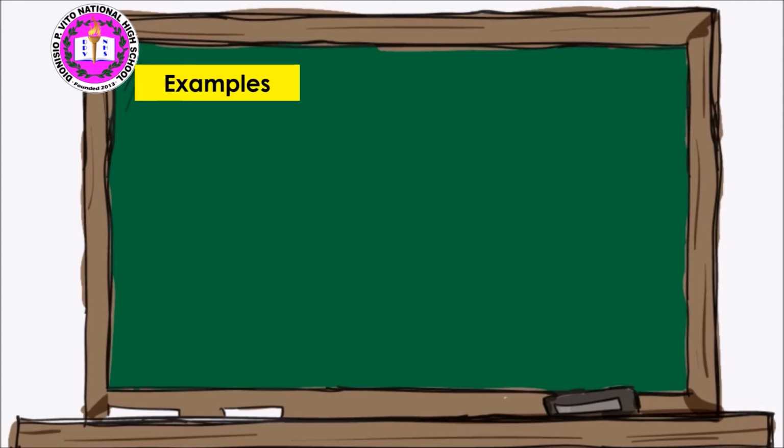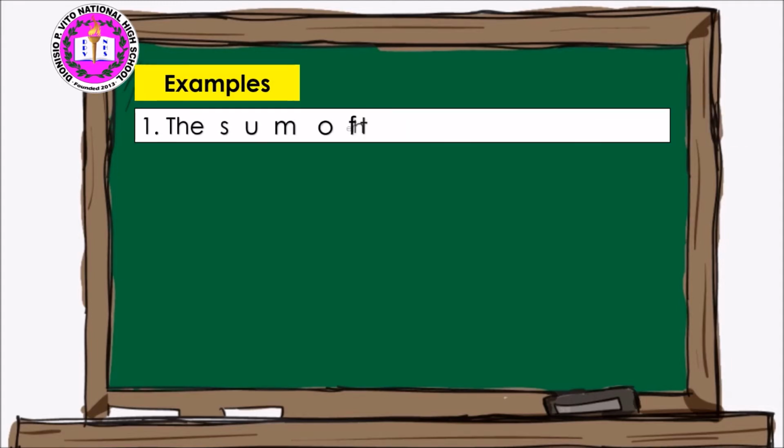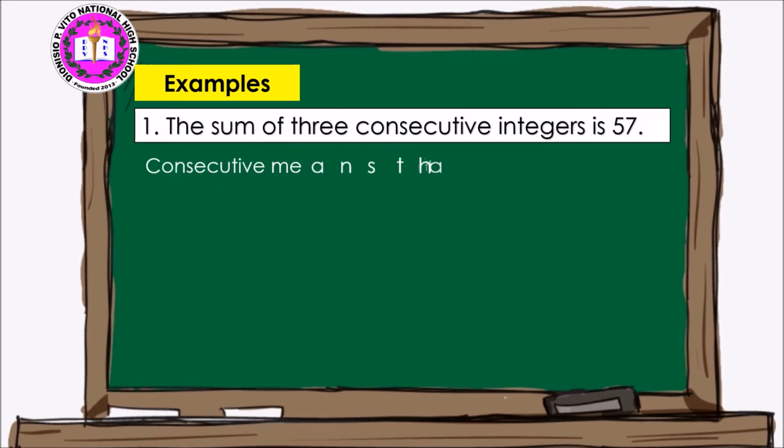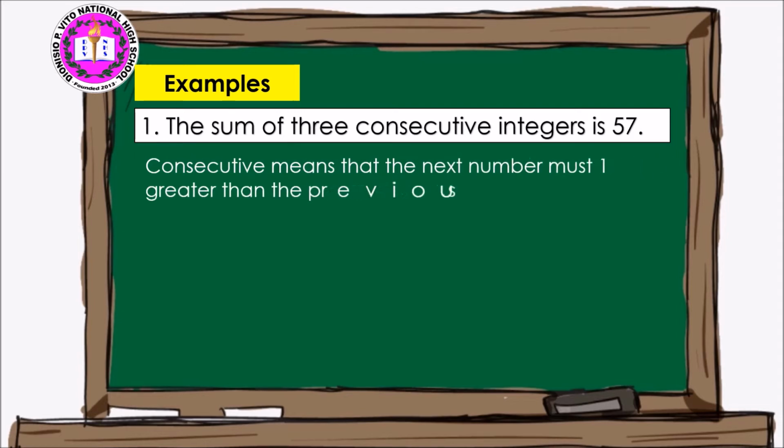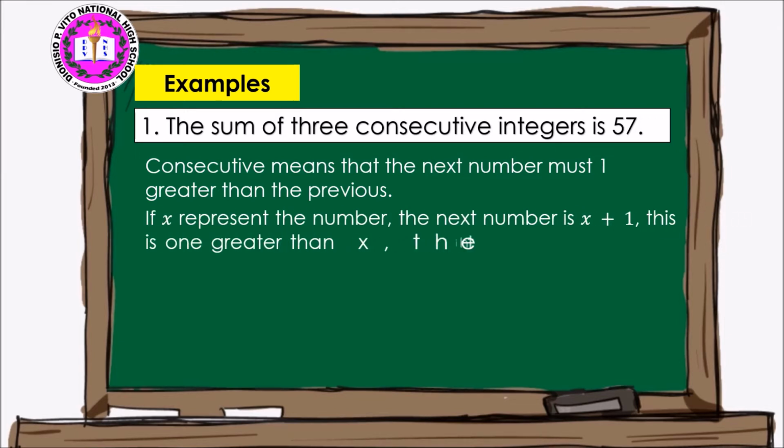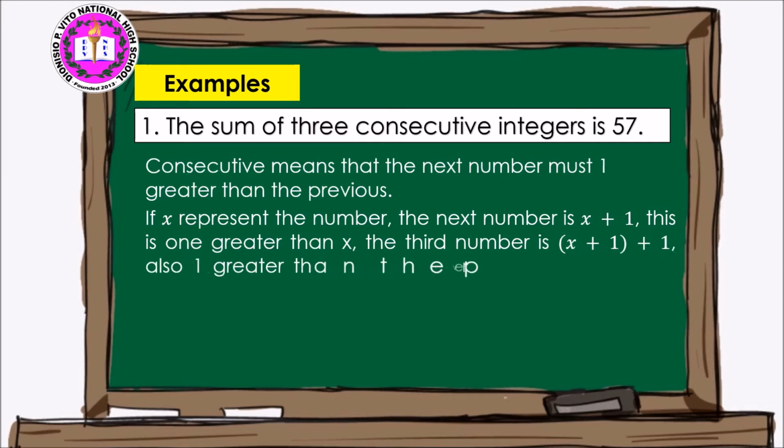So let's have the examples. First example, the sum of three consecutive integers is 57. Consecutive means that the next number must be 1 greater than the previous. If x represents the number, the next number is x plus 1. This is 1 greater than x.